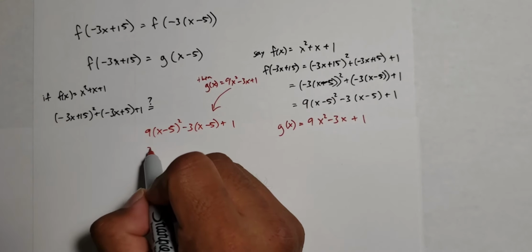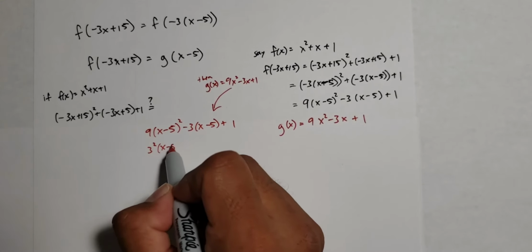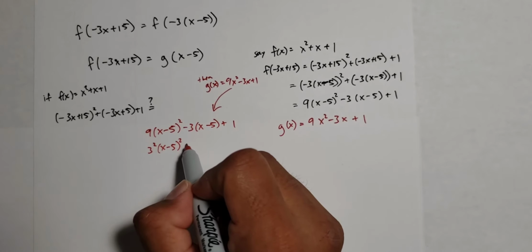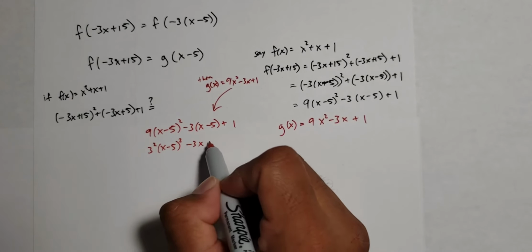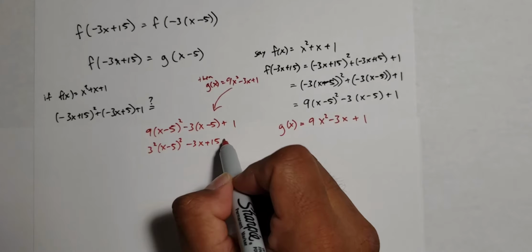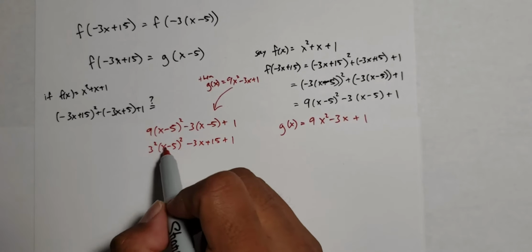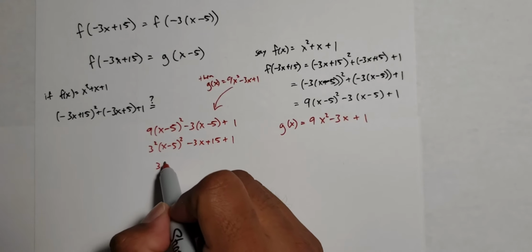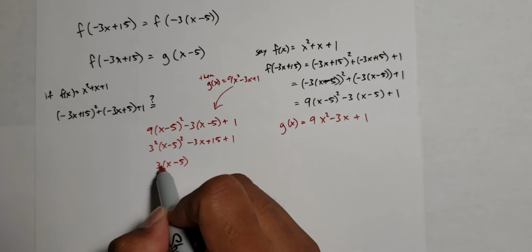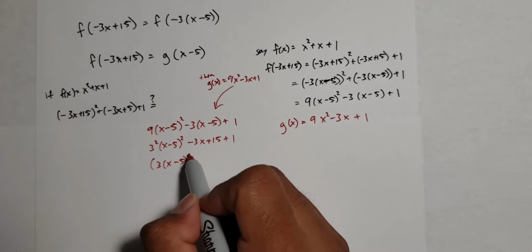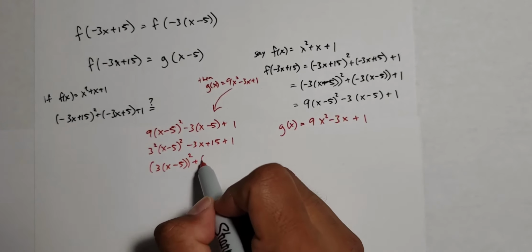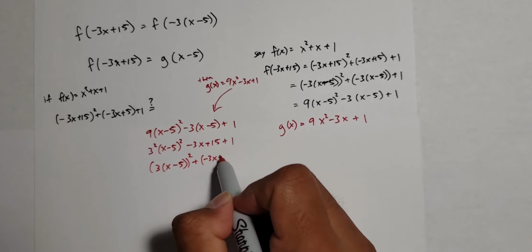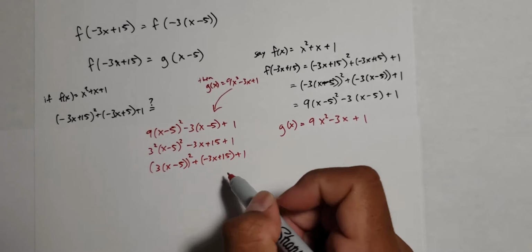Again, this is 3 squared times (x minus 5) squared, minus 3x plus 15 plus 1. You can bring that inside, so it's going to be (3x minus 15) squared plus negative 3x plus 15 plus 1.